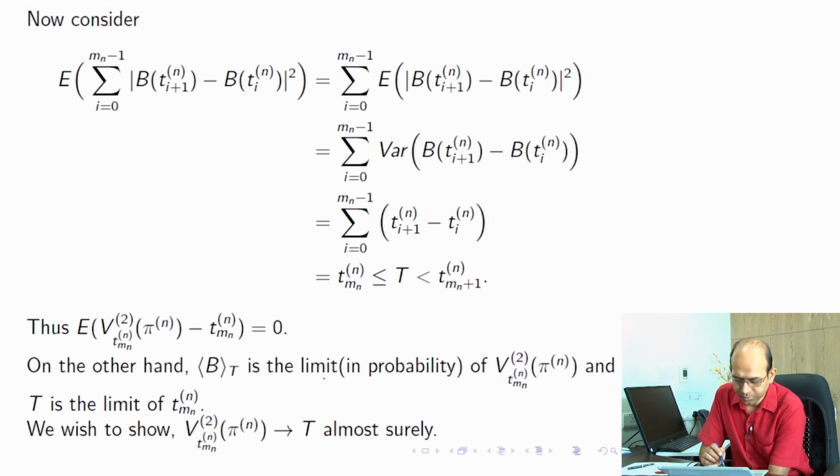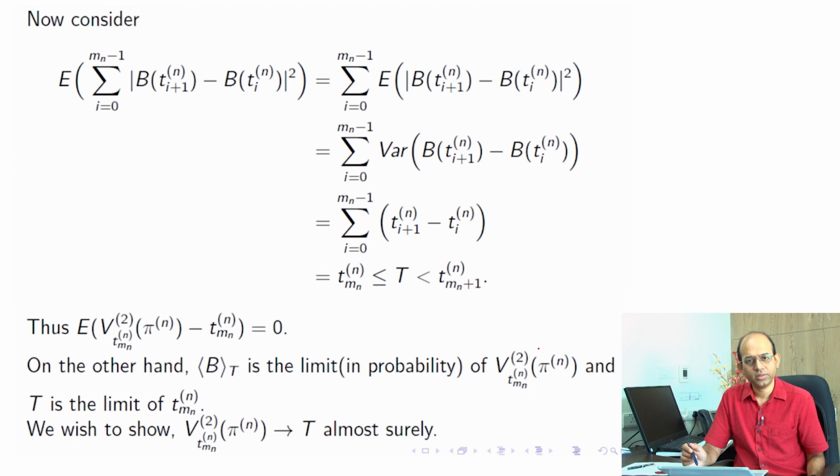Here, as I am recollecting, this sequence converges to the quadratic variation in probability. So this is the limit of this thing. On the other hand, t is the limit of this. Therefore this converges to t in probability. And we are actually aiming to associate a relation between B_t and t, correct? So we wish to show that this quadratic variation along the partition goes to capital T almost surely.